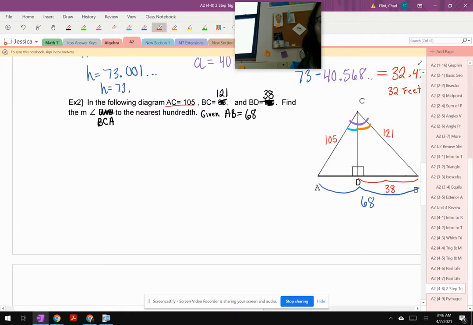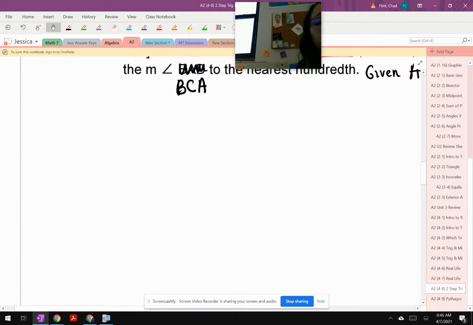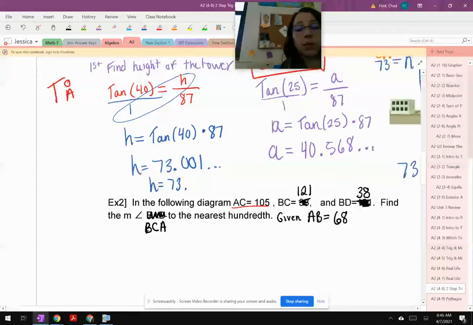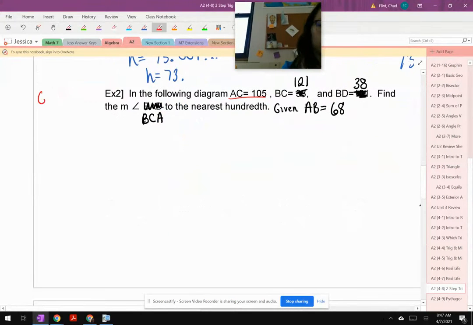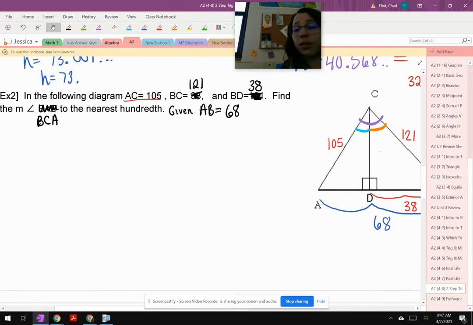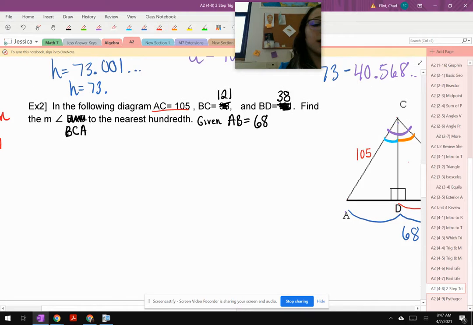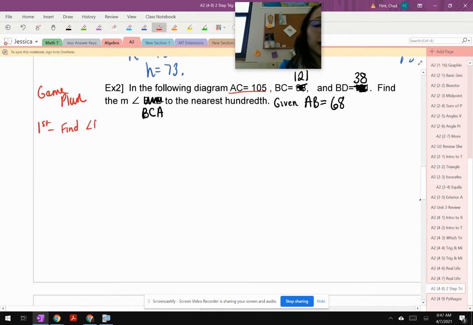So we're going to start off by making a little game plan, because it's always good to have a game plan, especially with multi-step problems like this. Game plan. So first, we're going to find that light blue angle, which is angle ACD.